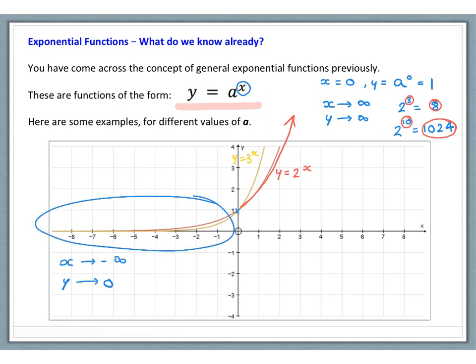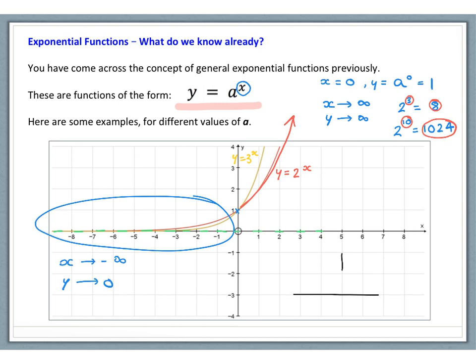As x approaches negative infinity, y approaches 0, and you can see that in this region of the graph over here. Now, because of the limitations of the graphing software, it looks like these graphs have touched the x-axis. They haven't. In fact, the x-axis is indeed an asymptote for these exponential curves, or the curves are asymptotic to the x-axis. So in reality, when we sketch them, we should show them approaching the x-axis, but not actually crossing it.